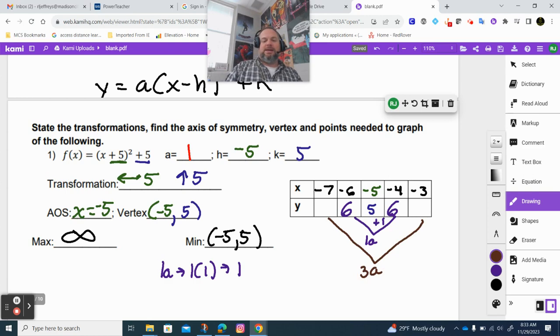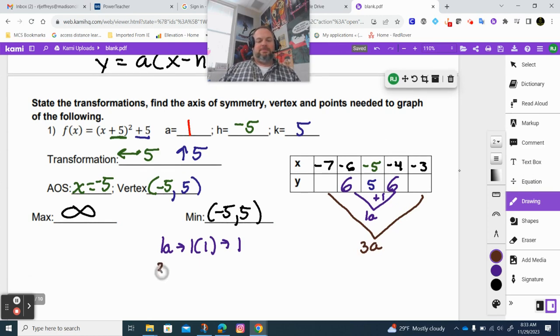This is 3A. Okay, so 3 times 1. So, all right, this one's difficult. Some of y'all may have to take off your shoes to do this one. All right. What is 6 plus 3?